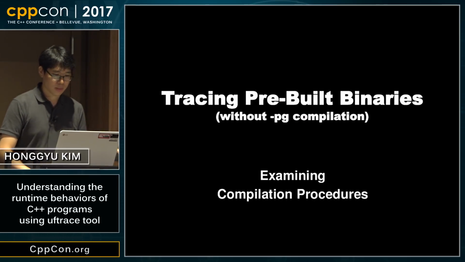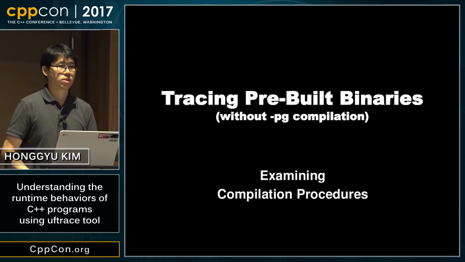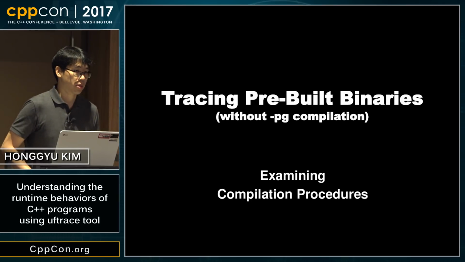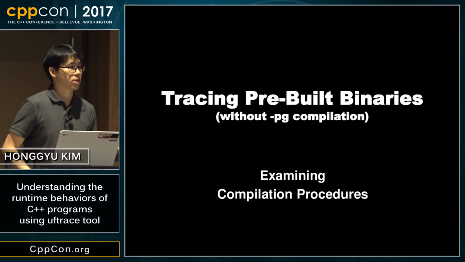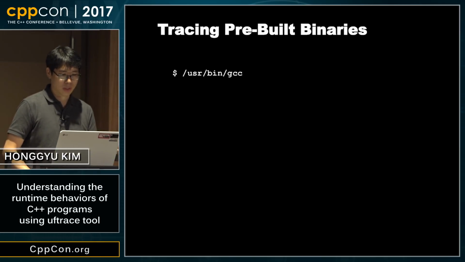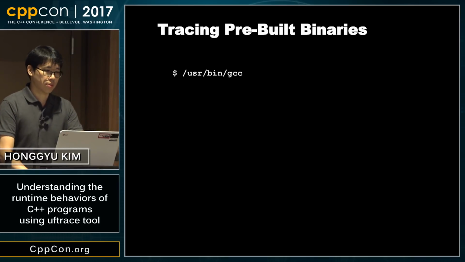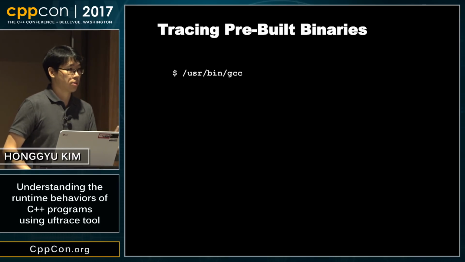The next one is that we can also trace pre-built binaries. We don't trace the user space programs in that case, but by tracing some libraries, we can still get some useful information. Let's say there is a GCC binary. This is pre-built, and we don't have source code, and the GCC binary is just compiling.